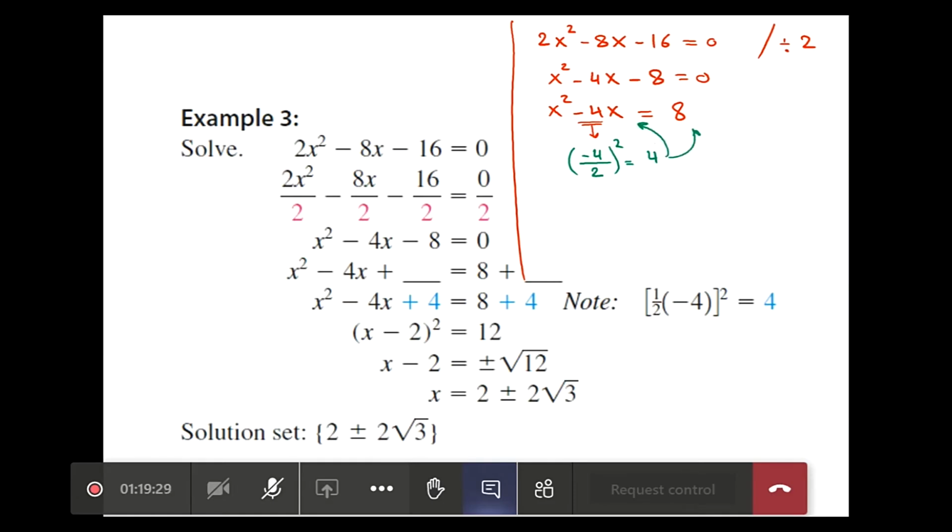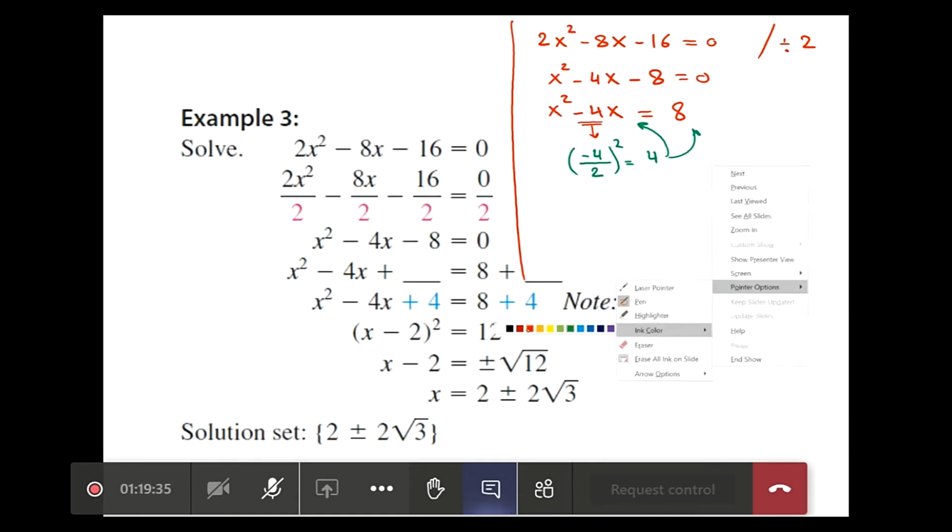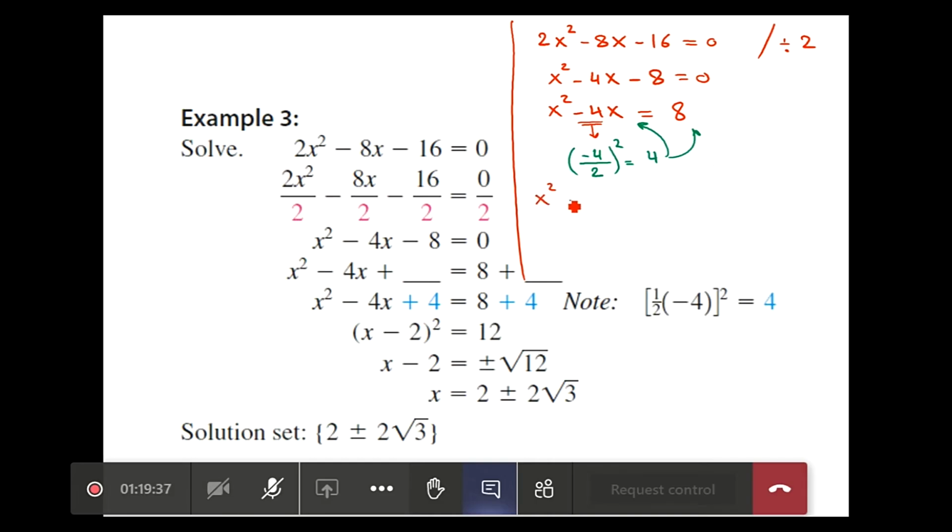Okay. Now we have x square minus 4x plus 4 equals 8 plus 4. This plus 4 we added here and here, on both sides.